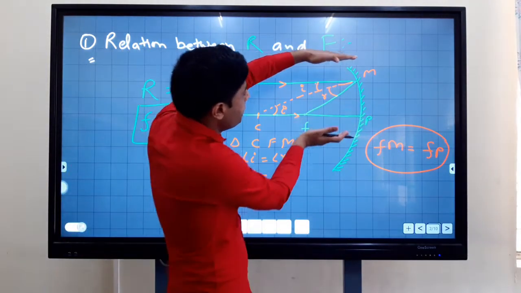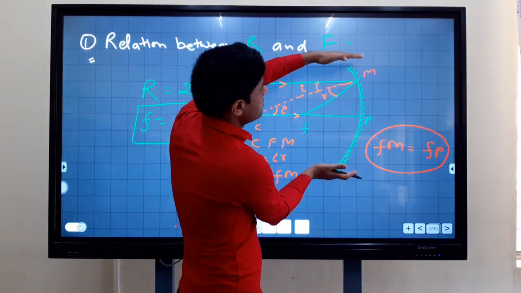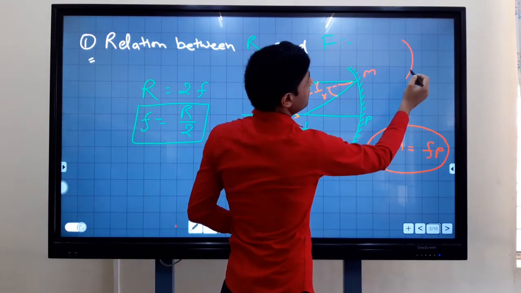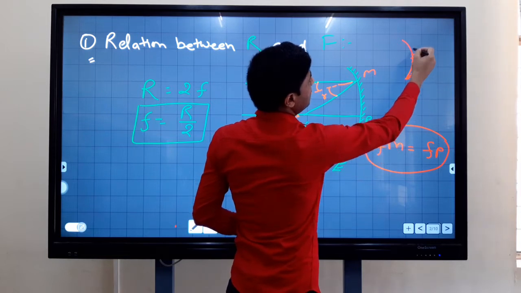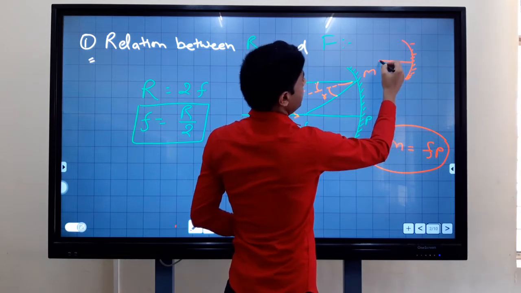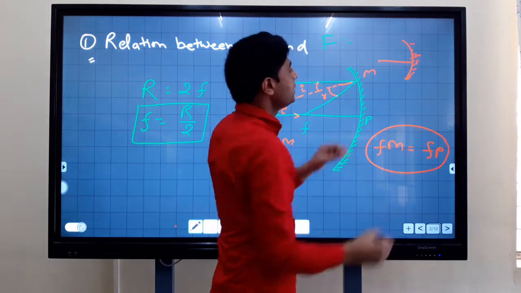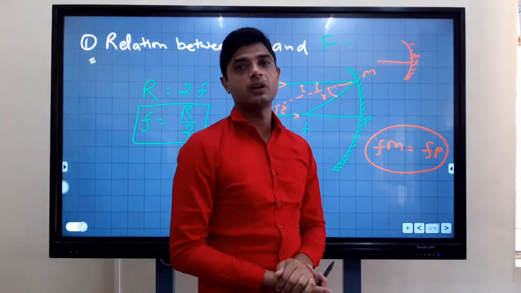If the aperture of this mirror is too small, then point M and point P are too close to each other.